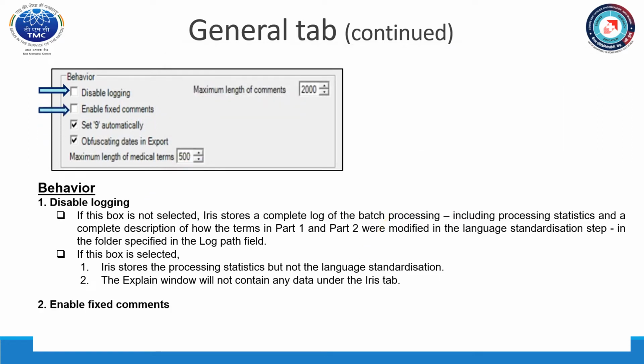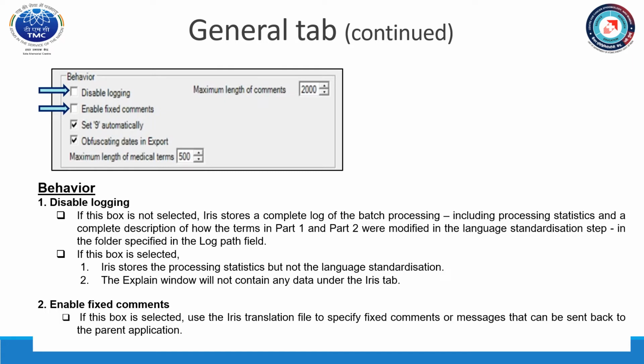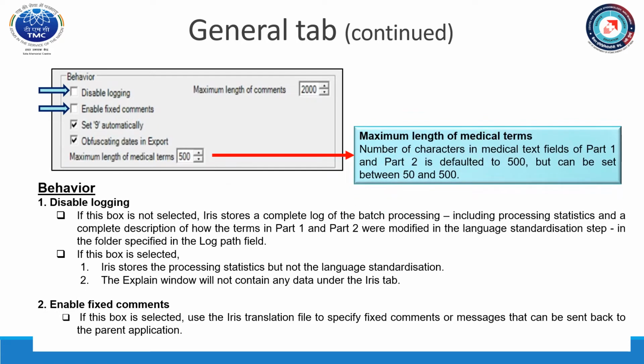When you select Enable Fixed Comments, you can use the IRIS translation file to specify fixed comments or messages that can be sent back to the parent application. By selecting maximum length of medical terms, you can set the number of characters in the medical text field between 50 and 500.